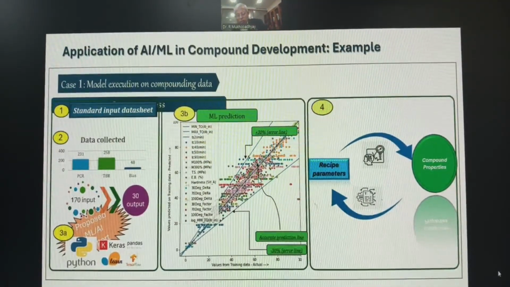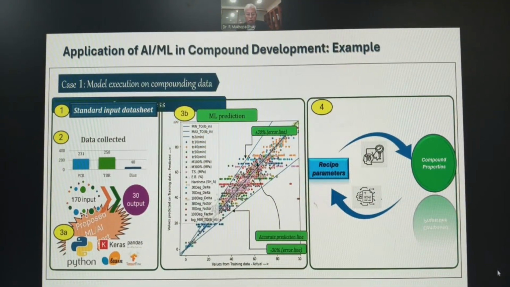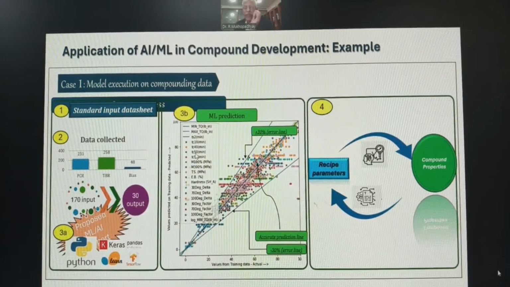If the data is more, you can narrow down the spread, especially the minimum and maximum of your properties, hardness, and all those things. The variation is about plus or minus 30% because the data is very limited. If the data grows to 1700 or 2000 or close to 100,000, it will automatically narrow down to plus or minus 2 to 5%.